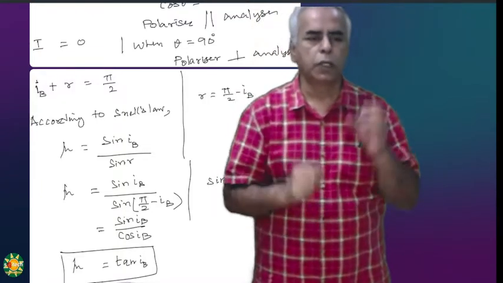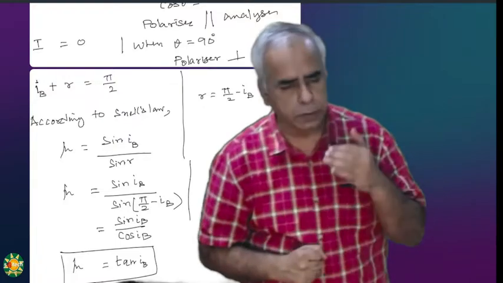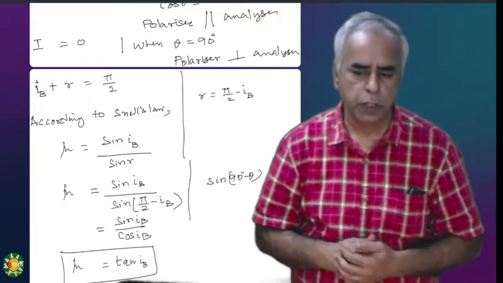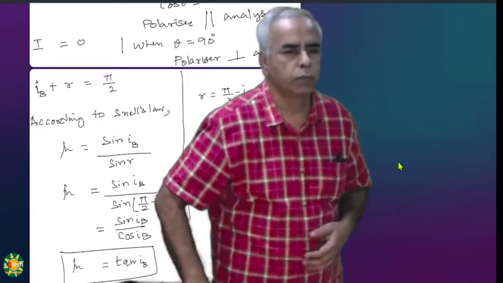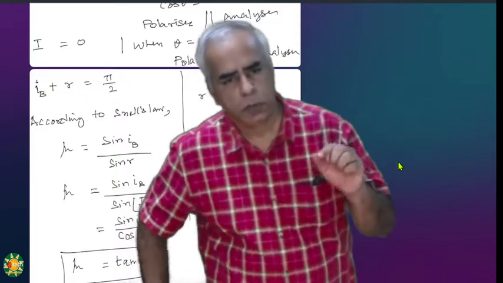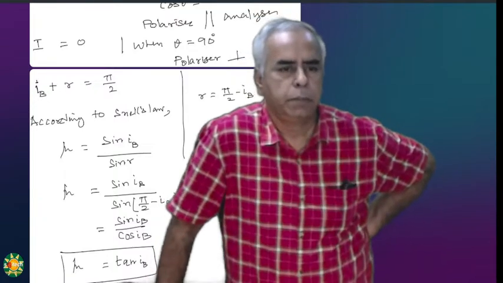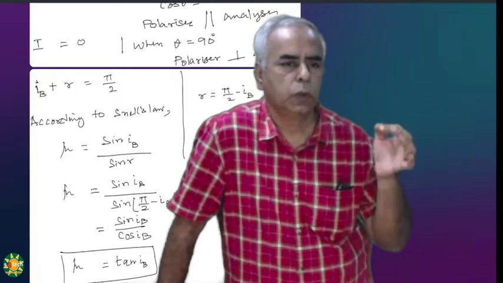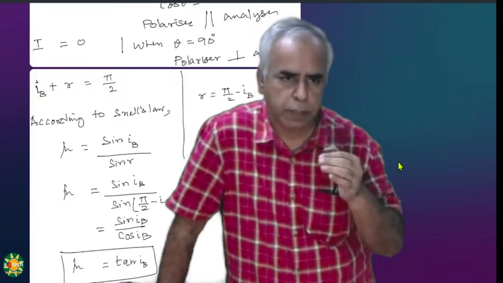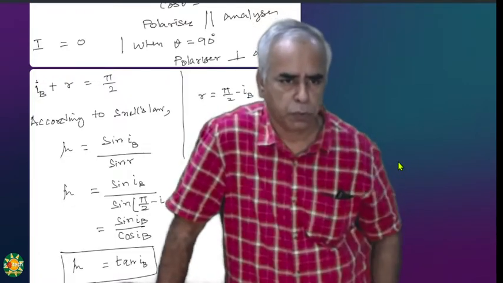Right? According to Snell's law, refractive index is a constant. It is the ratio between sine of angle of incidence and the sine of angle of refraction. Now, what is the IB? You have got the incidence here, incident angle. So, sine of IB divided by sine of R is equal to mu.